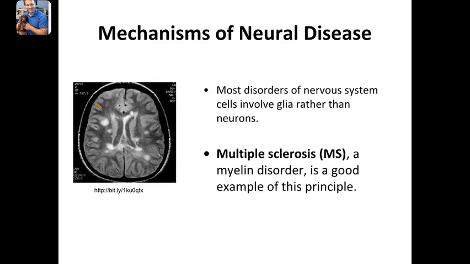So these spots are multiple sclerotic plaques. If you looked at the brain of somebody with MS, you would see this MS plaquing within the brain. And that is going to correlate with demyelination of neurons, stripping the insulation from around those axons.